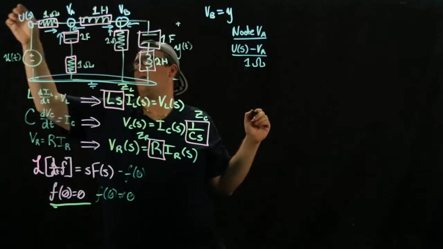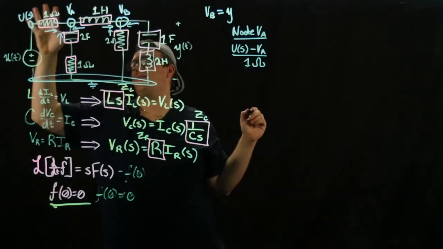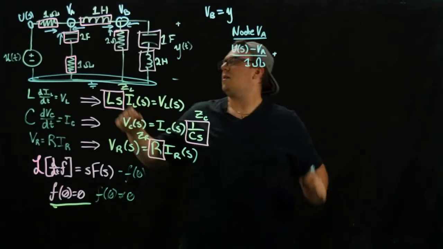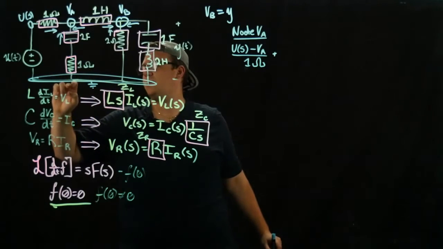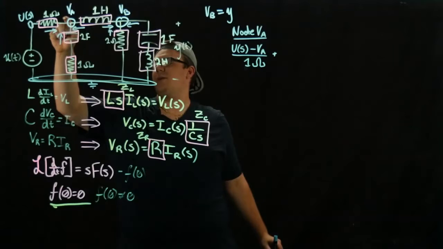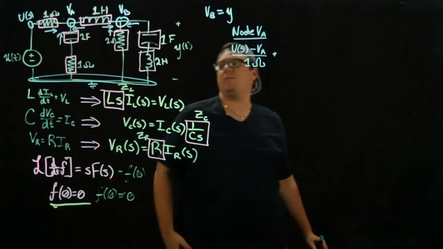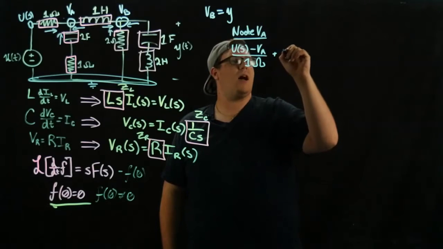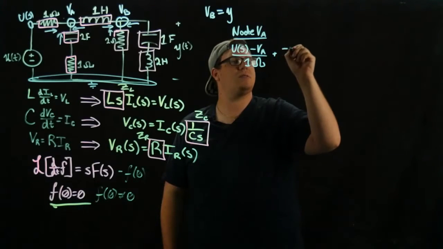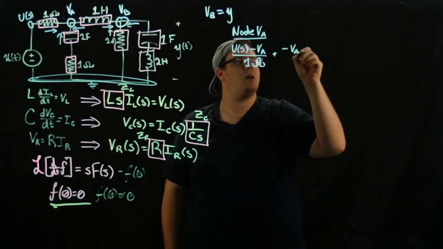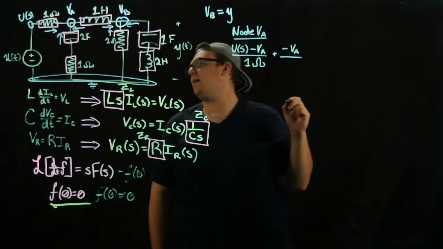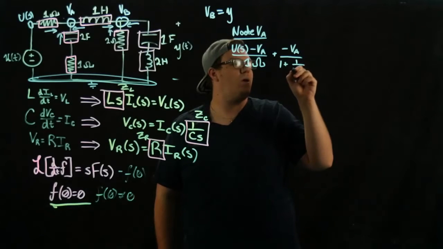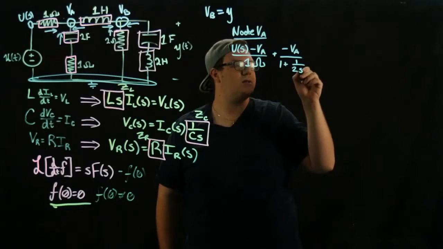Where it's coming from, subtract where it's going to, and divide by the impedance. Then we have down here to up here, and we are going to divide by the total impedance on that branch. So we have 0 minus VA divided by 1 plus 1 over 2s.